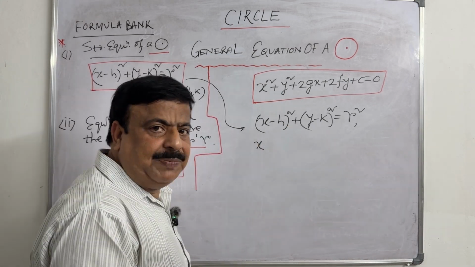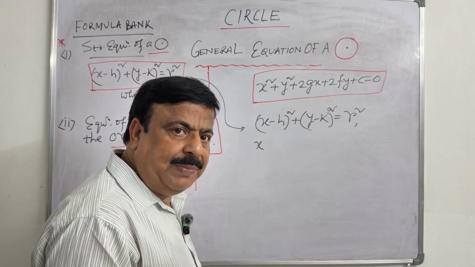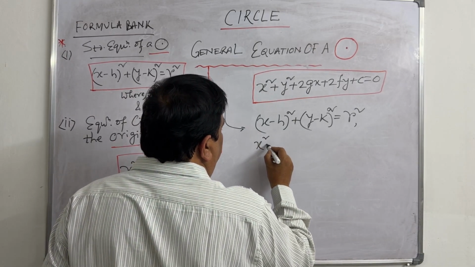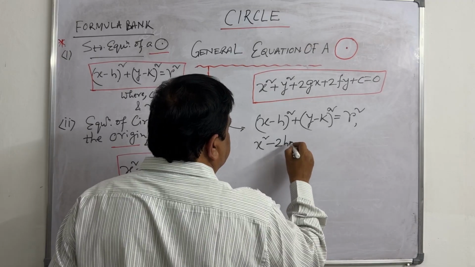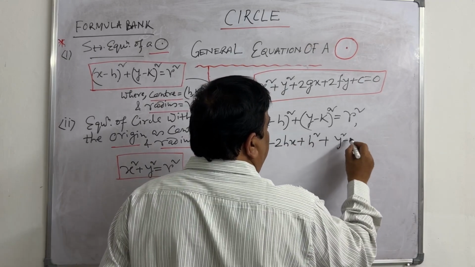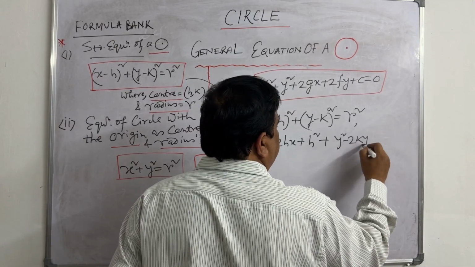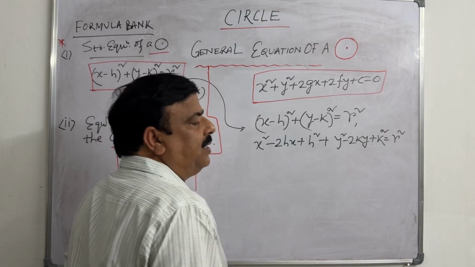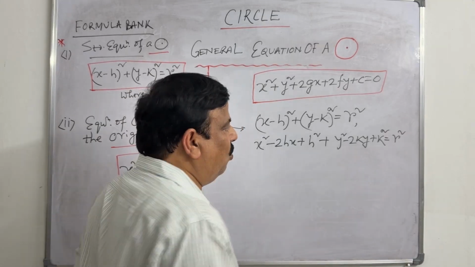Use (a minus b) whole square, that is a square minus twice ab plus b square. Okay, x square minus twice hx plus h square plus y square minus twice ky plus k square, and that is equal to r square. Here h, k and r are constants.